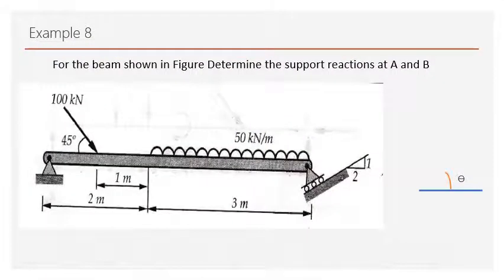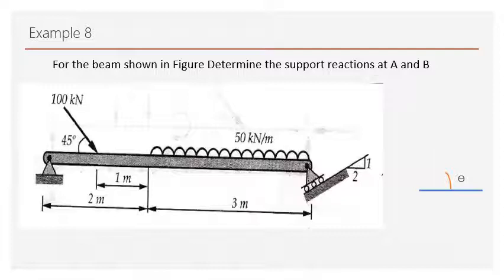Yes, look at the beam. Here we are seeing two loads on the beam, one inclined load and the UDL of 50 kilonewton per meter. More interesting are the supports. Yes, the support A is the hinged support, but what we are seeing at the support B is, of course, the roller support, but the roller support is placed on an inclined plane.